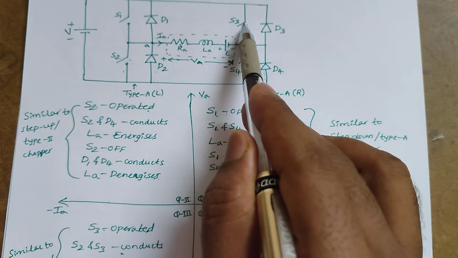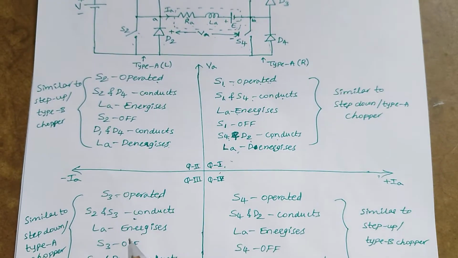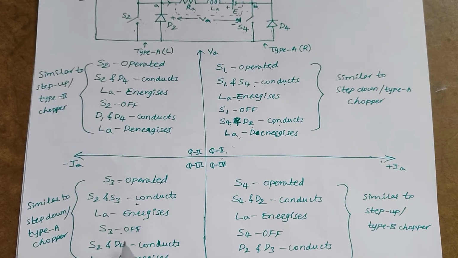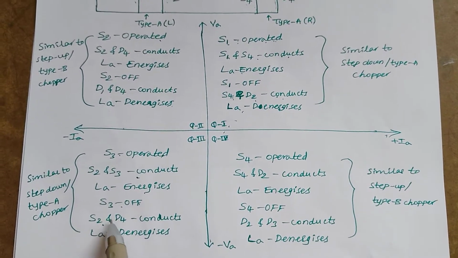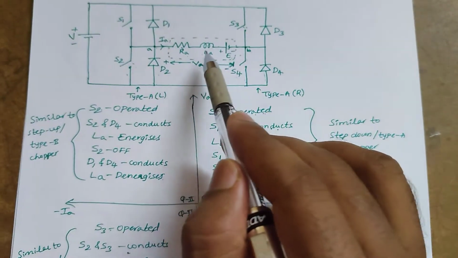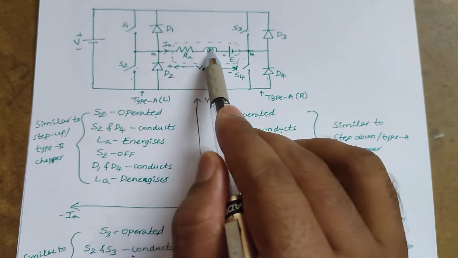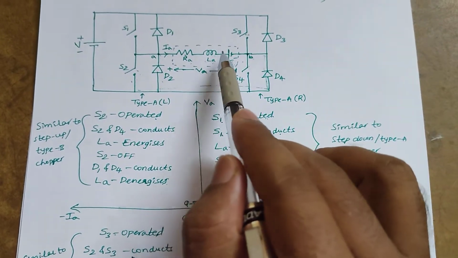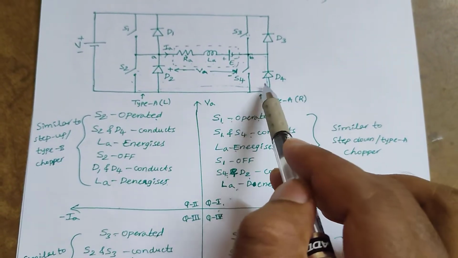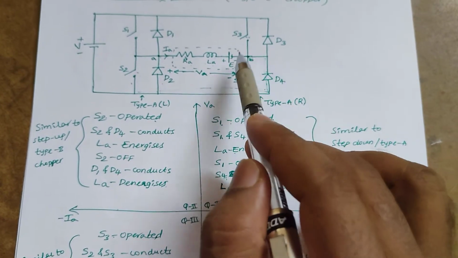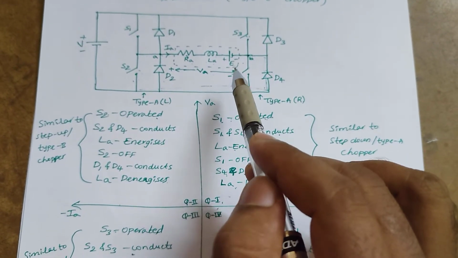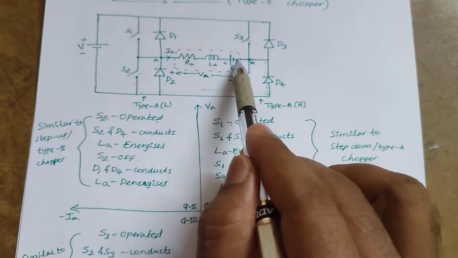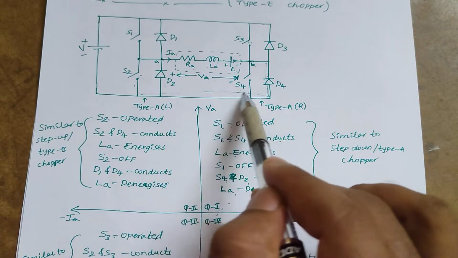When switch S3 is off, the stored energy in the inductor LA will discharge through S2 and diode D4. This is only one of the paths; there are chances for other paths to discharge the stored energy in the inductor, but here I am taking this path, S2 and D4.